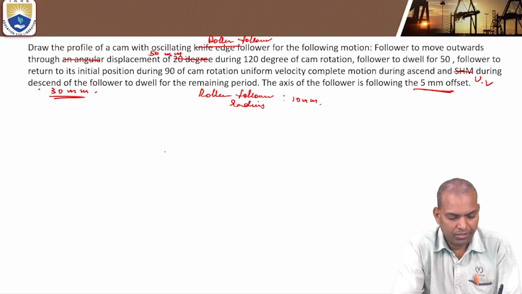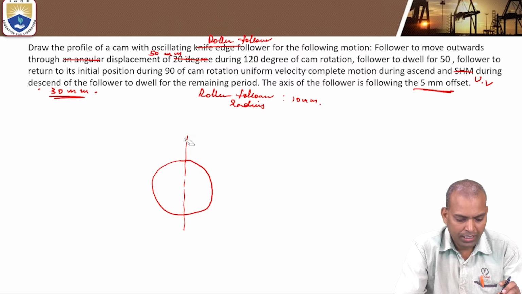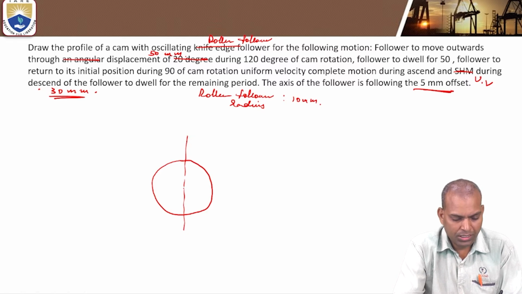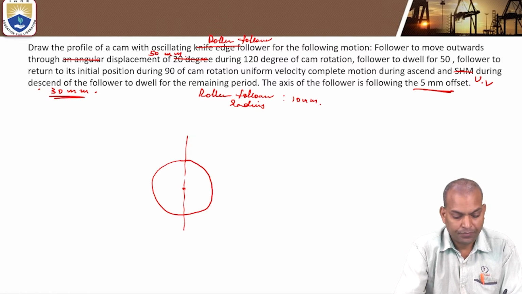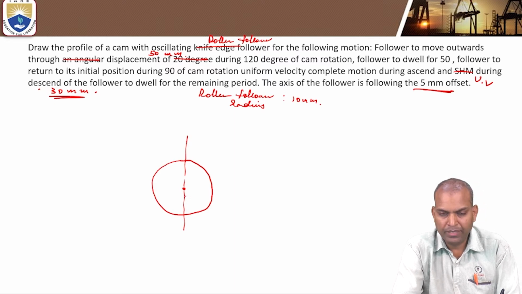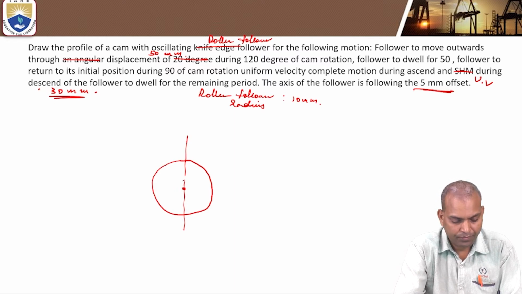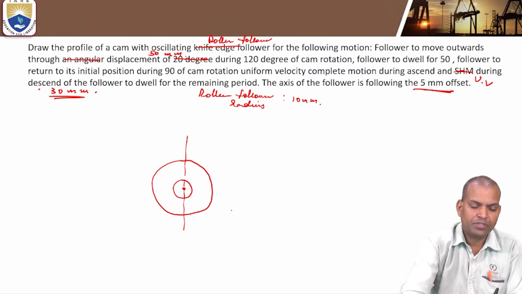Now, draw the minimum radius of the cam, that is 30 millimeters. Okay, next, this is the center of the base circle. We know already the offset is 5 millimeters. This is the 5 millimeters offset circle.